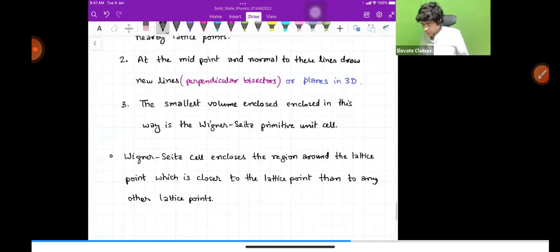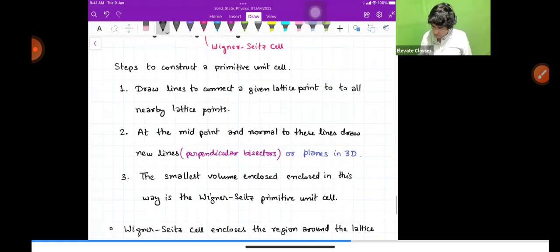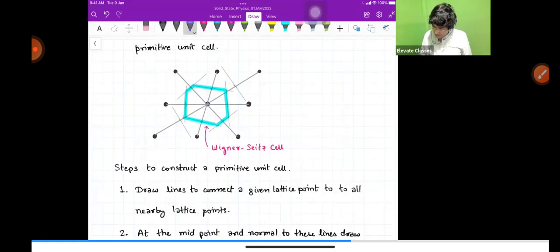If you see closely, the region inside this is closer to this point than to any other lattice points in this neighboring area.